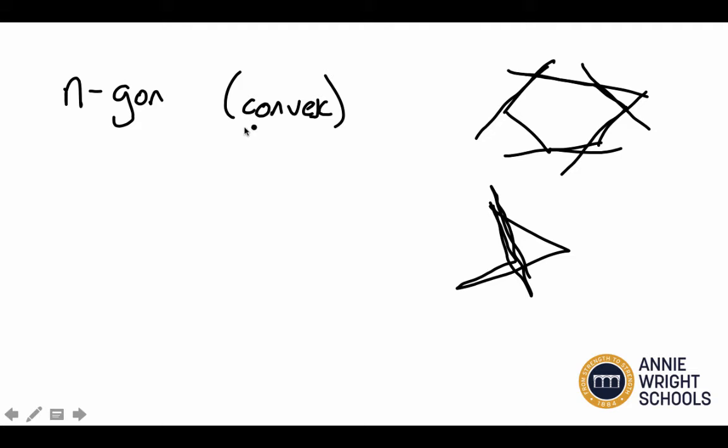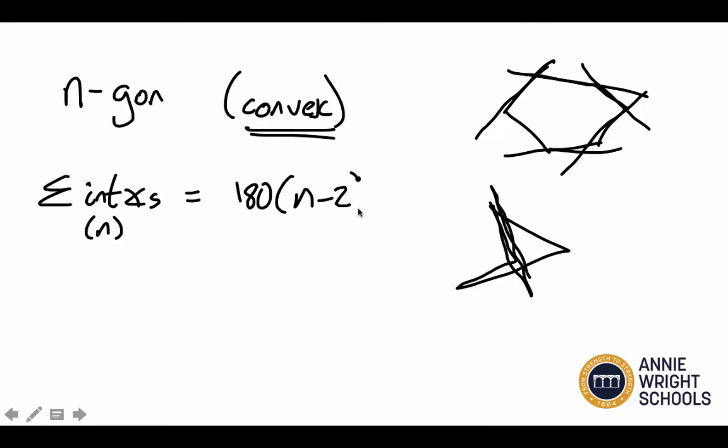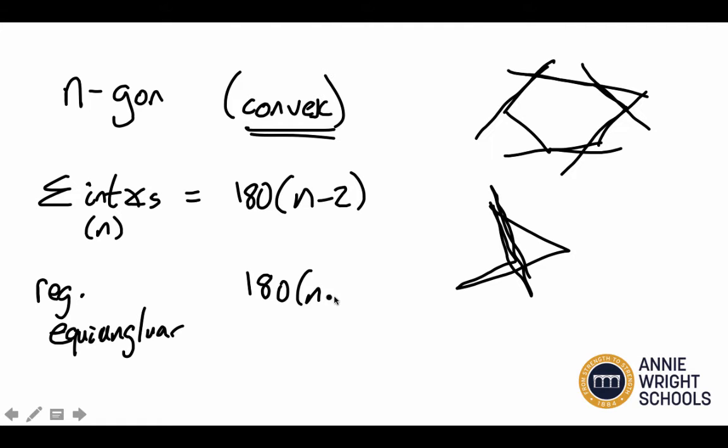Not beautiful drawings, but for a convex n-gon, the sum of all the interior angles, there's n of them, for however many sides, there's n angles, can be found by taking 180 times n minus 2. And if it's a regular or equiangular polygon, you can take that sum and divide it by the number of angles.